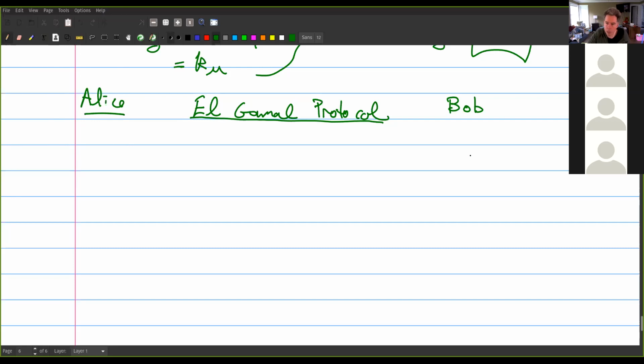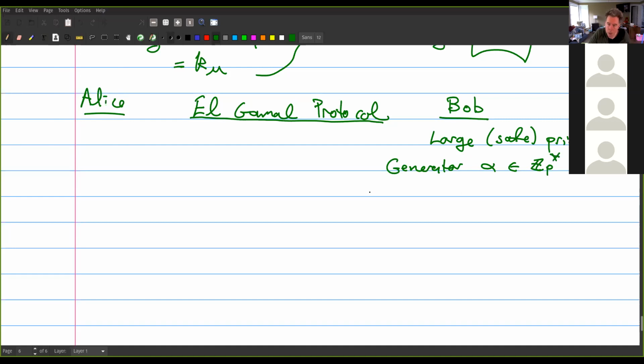So in this protocol, Bob gets to pick the parameters. He picks a large, probably safe, prime P. And then he also selects a generator alpha of Z_P star.